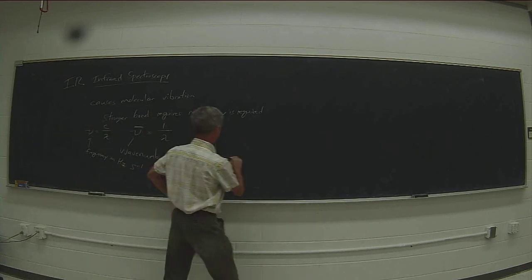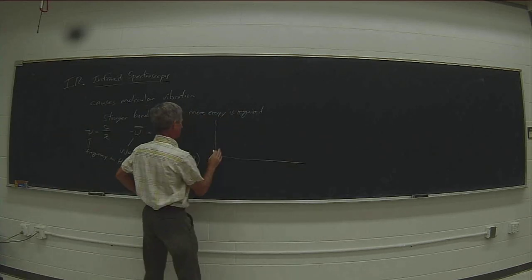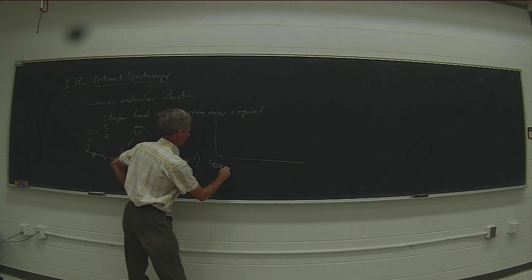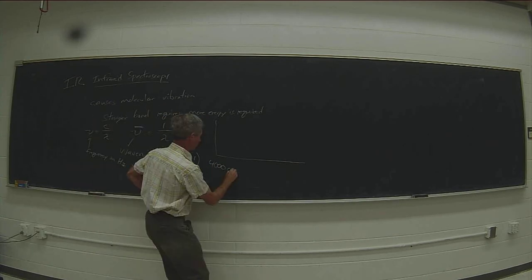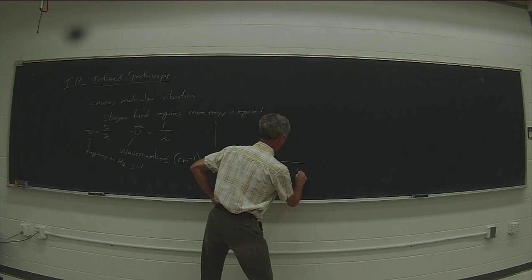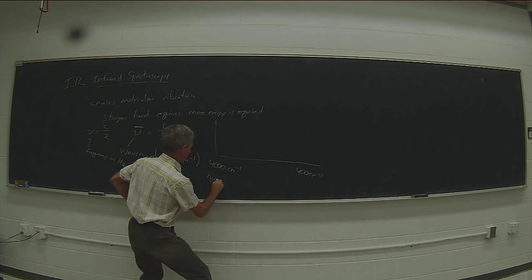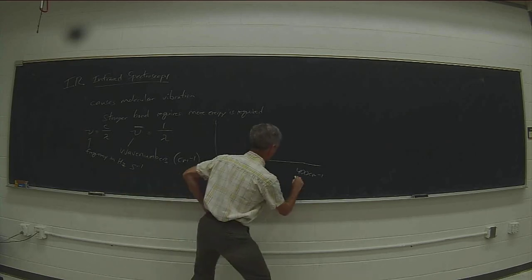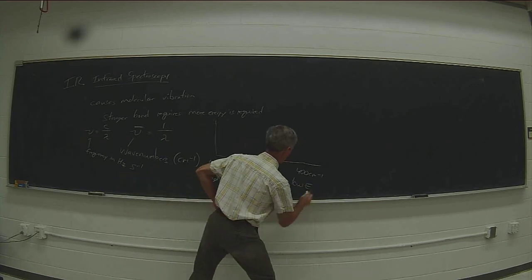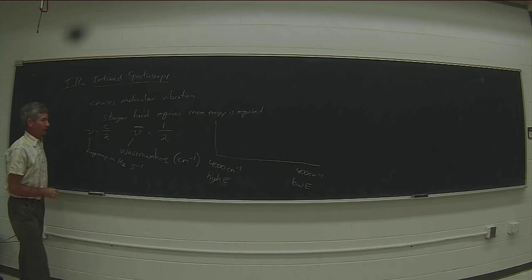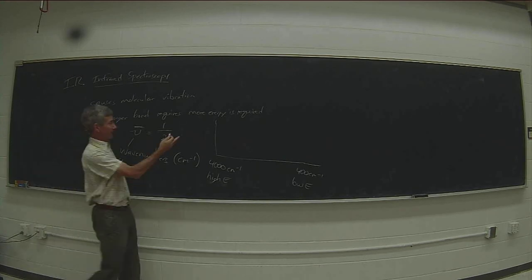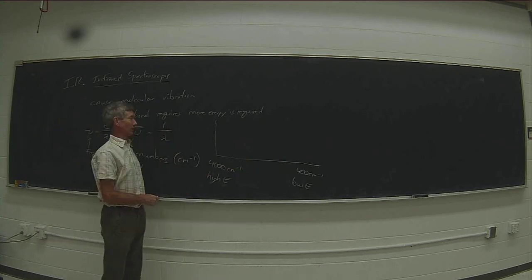And typically, in the IR spectrum, we will look in the range from 400 reciprocal centimeters to 4,000 reciprocal centimeters. So we have our high energy here, and our low energy here. The stronger bonds will appear on the left-hand side and the weaker bonds on the right-hand side.